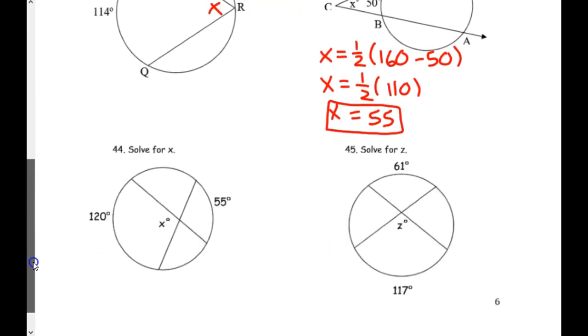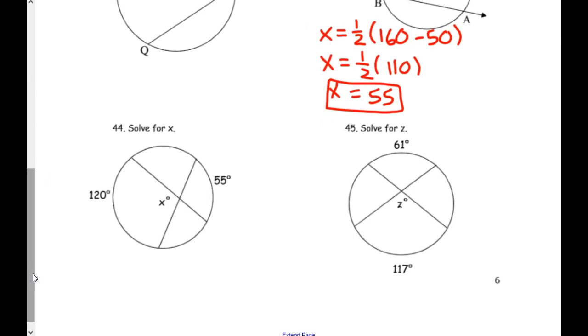So inside angles are different. Inside angle equals 1/2 arc plus arc.